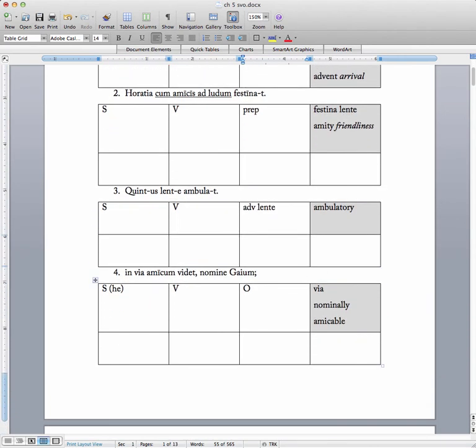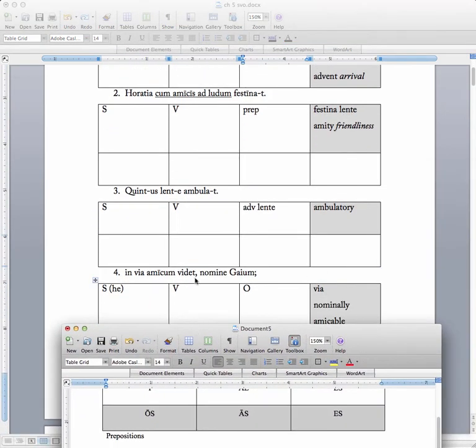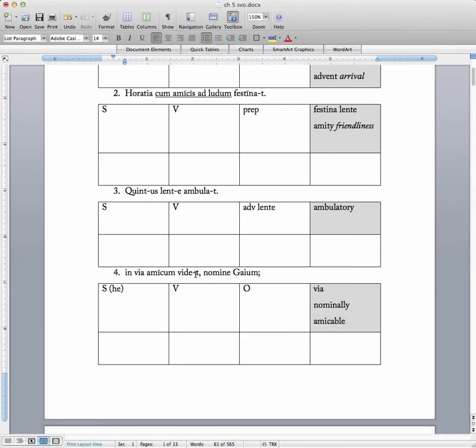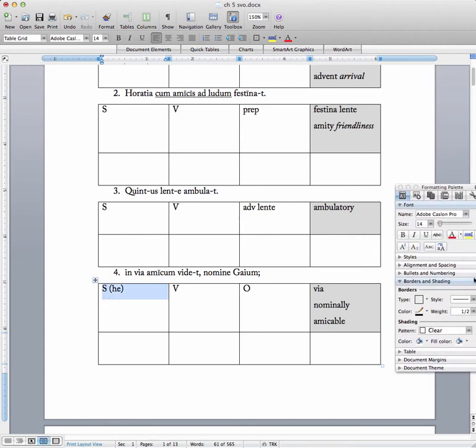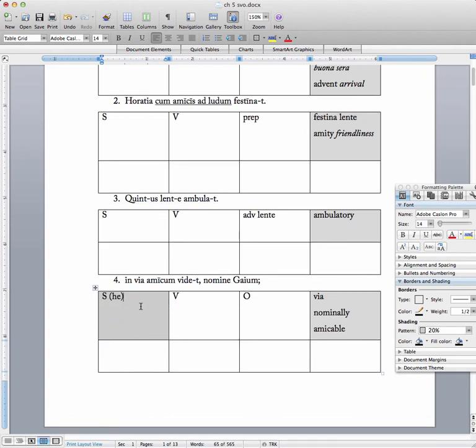Number 4, it's not too hard to pick out the various endings. What I mean by this here, just to make it a little clearer, is that there's nothing for you to write in this box. That is, the subject continues on from this subject here, Quintus ambulat, and then in number 4, he, that is Quintus, videt.